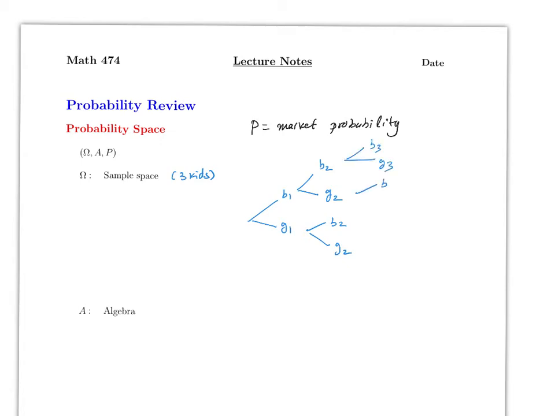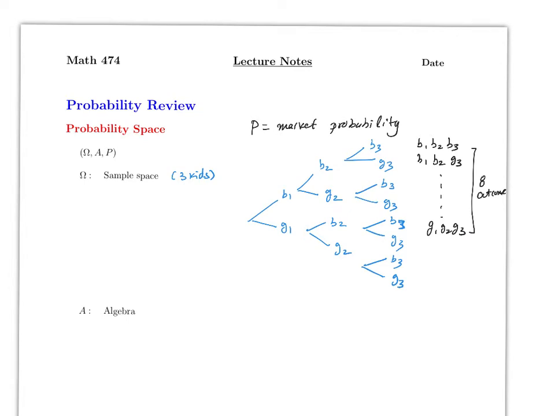So the sample space will be the following. You can have 3 boys. You can have a boy, then a boy, then a girl, and so forth. So the last one will be 3 girls. So in this case, you have 8 outcomes.